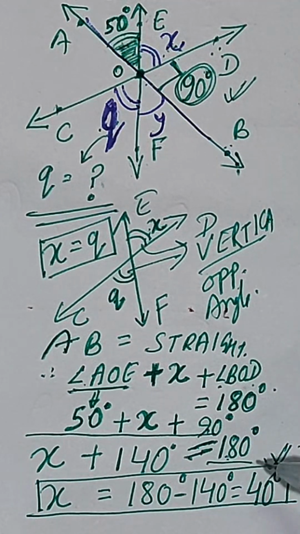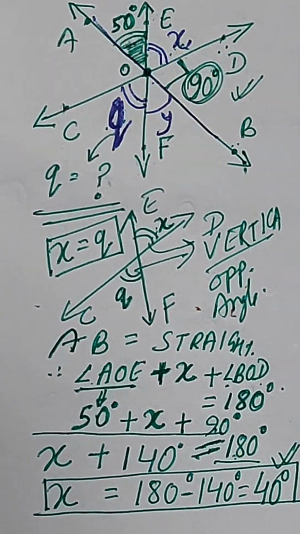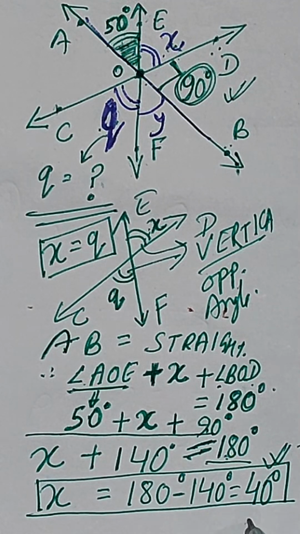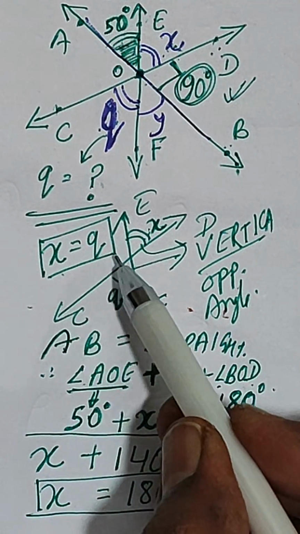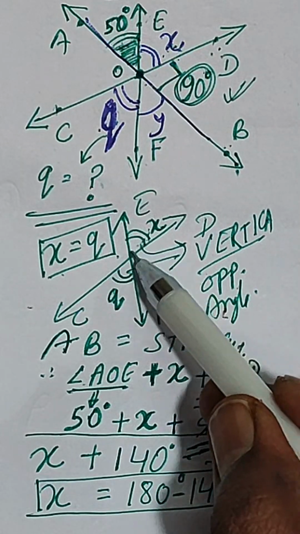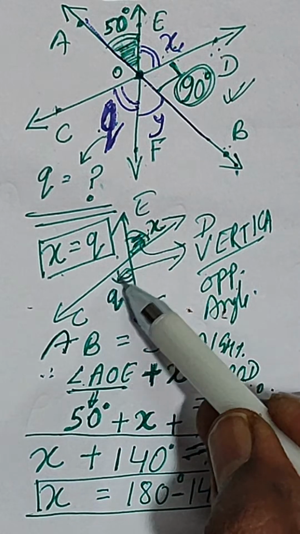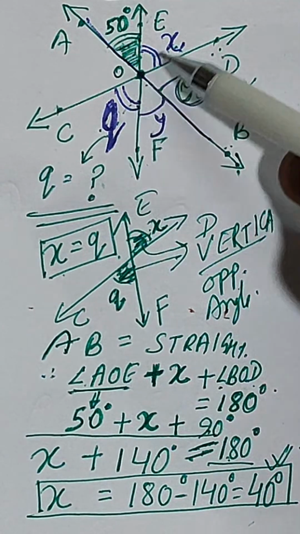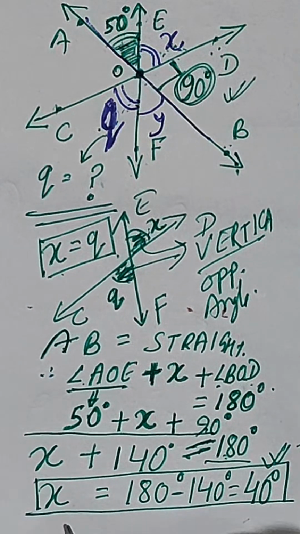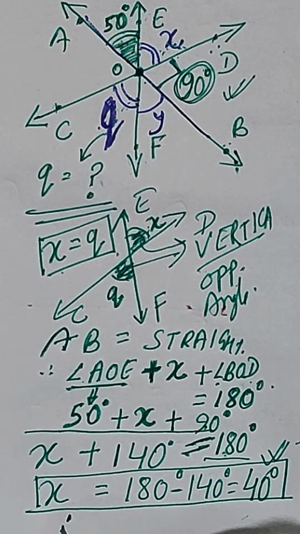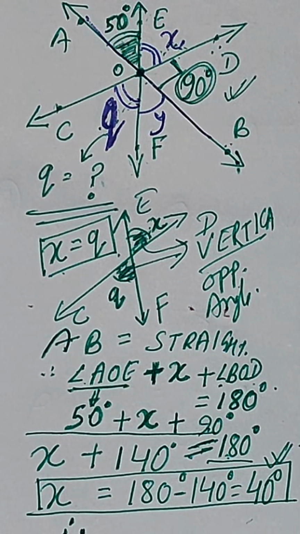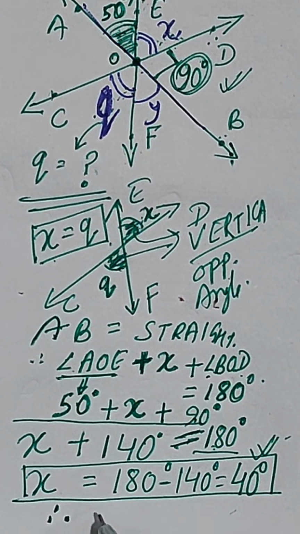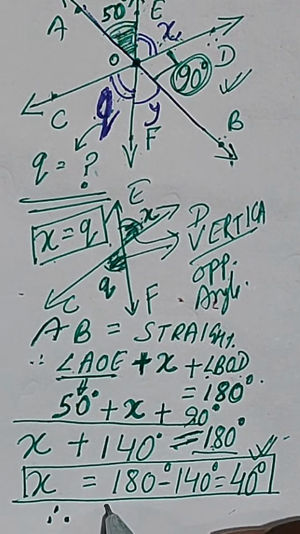If the value of x is known to you, we can see x is equal to q, vertically opposite angle. We have been asked in the question, what is the value of q, my dear friends? Then it's easy to answer.